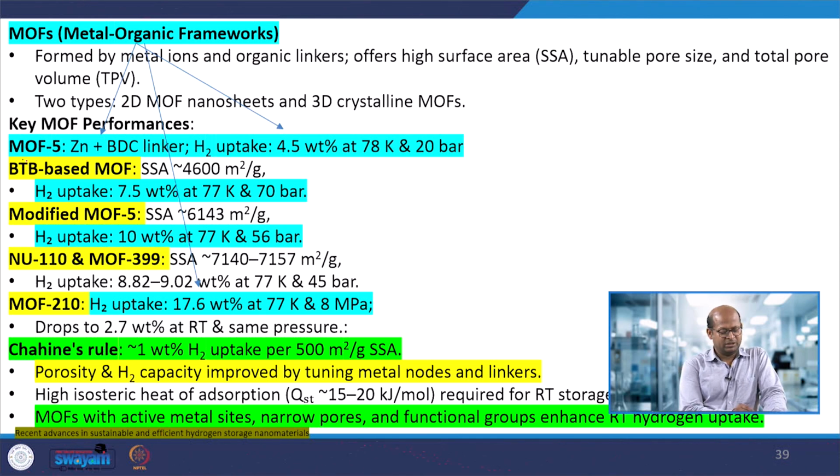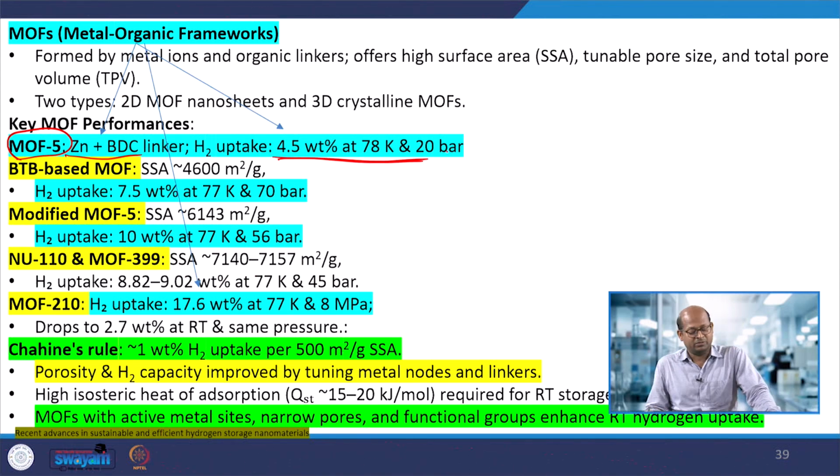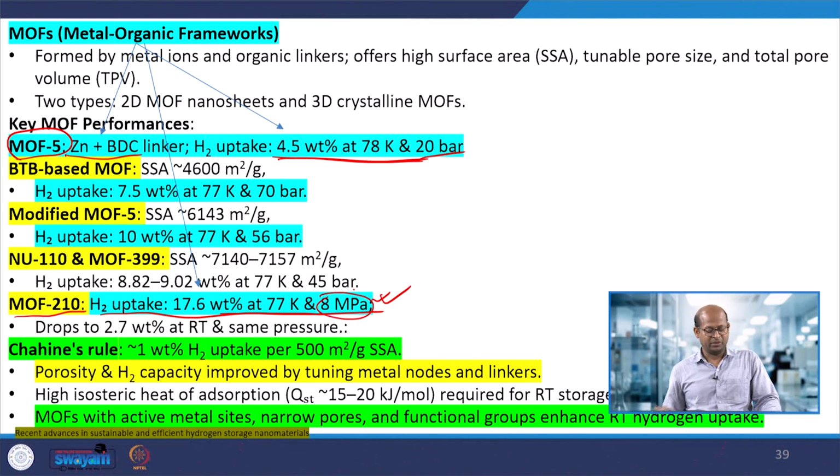Here you can see MOF-5, which is a zinc MOF, stores approximately 4.58% of hydrogen at 78 kelvins and 20 bar pressure. Once we use MOF-210, the hydrogen uptake is more, but the pressure is extremely high, 80 bars, and the temperature is almost close to 78 kelvins.